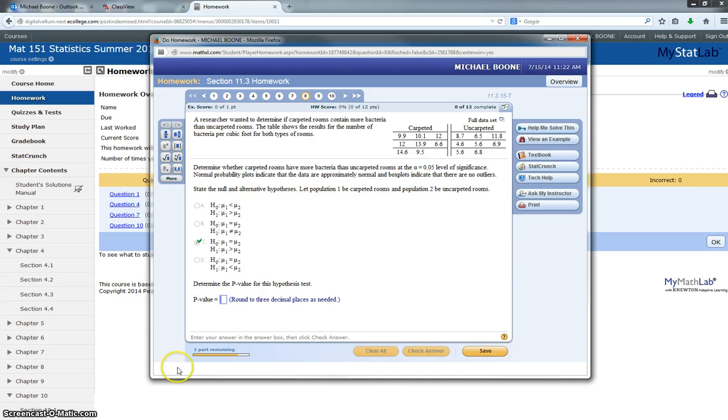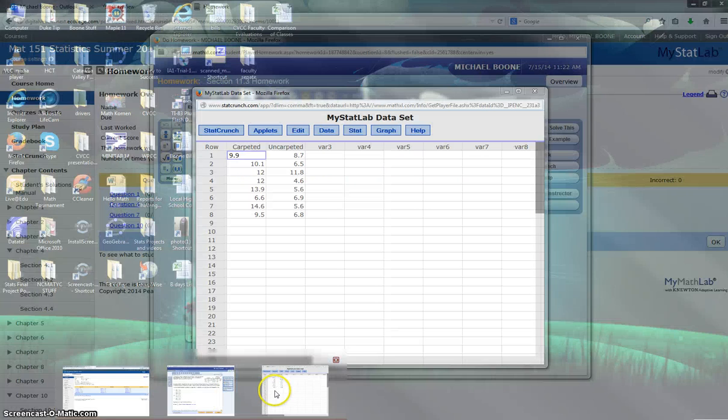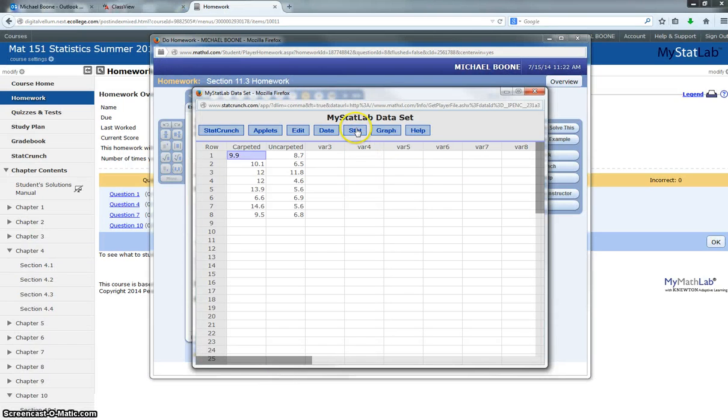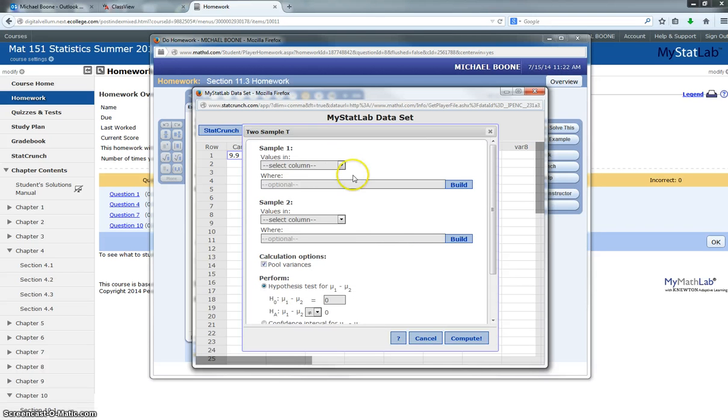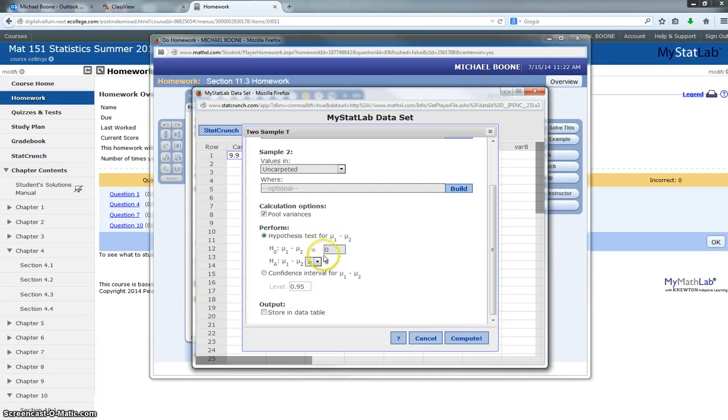Determine the p-value. Well, we already have our data in StatCrunch. So I'm going to go to T stat, 2 sample, with my data on this one, because I actually have my data. Values in there is my carpeted, and sample 2 is my uncarpeted. Now notice down here they put difference, and so that's fine.